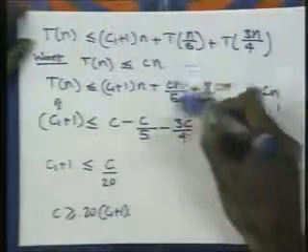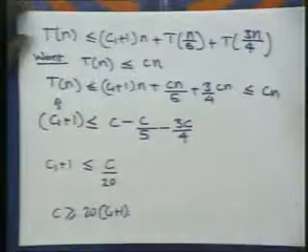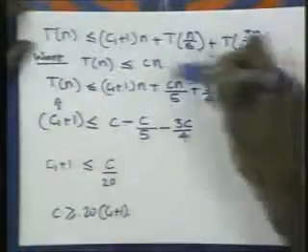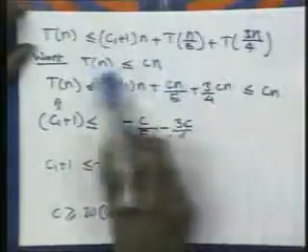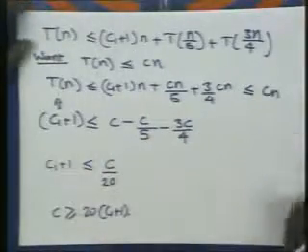For the inductive step, we observe that T(n) by the recurrence is at most (C1 plus 1) n plus T(n by 5) plus T(3n by 4), and now I can use induction. So T(n by 5) is at most Cn by 5, and similarly for the other term. And the way we have chosen C, this sum is at most Cn. So the proof now follows by induction.